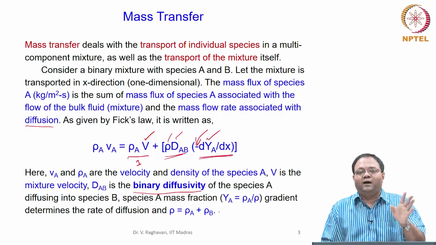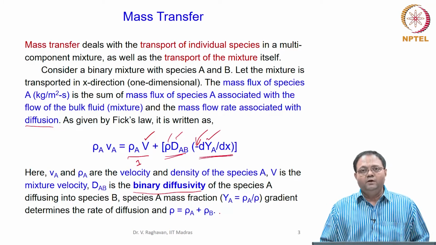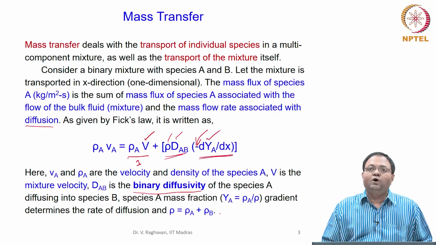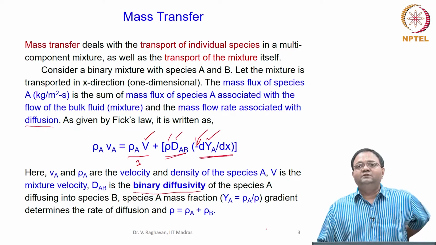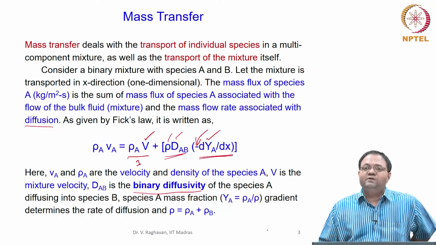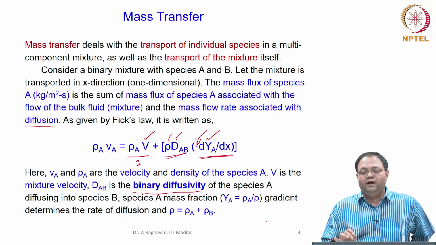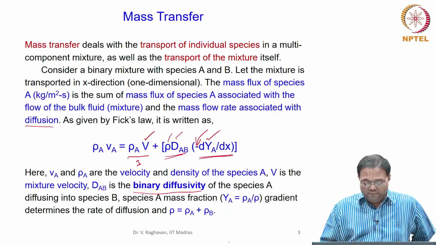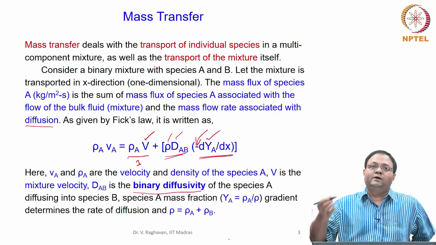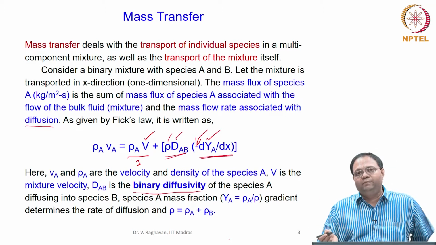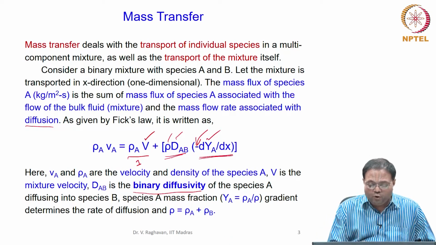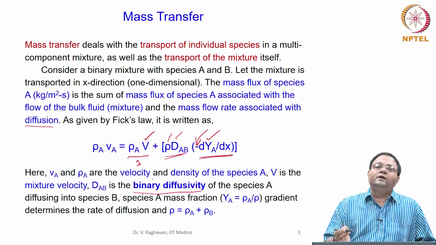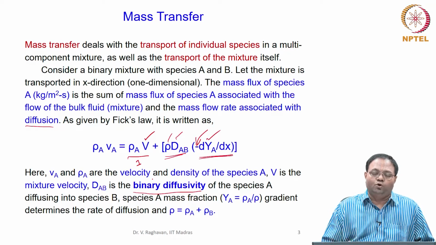If you take any pair of species, say A and B, then the binary diffusivity DAB is a fundamental property which represents the rate at which species A diffuses into species B. This is like the thermal conductivity. The higher the thermal conductivity, the higher the heat conduction. Similar to that, the higher the value of rho times DAB, the higher will be the diffusion transport of species A into B.